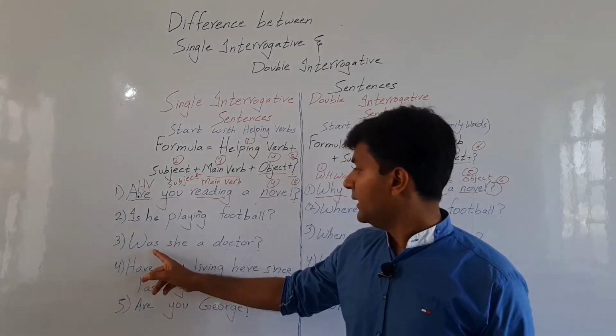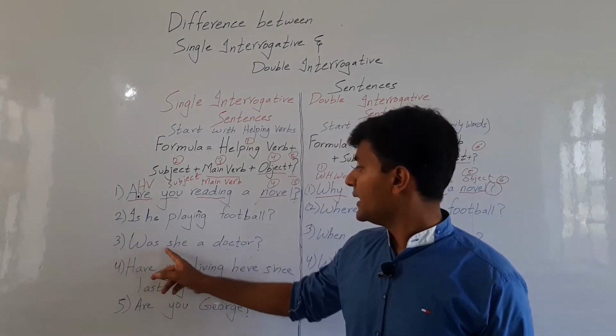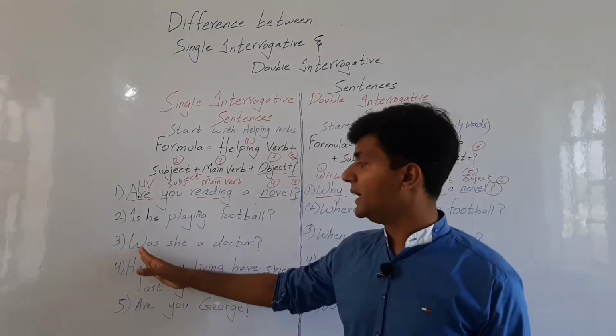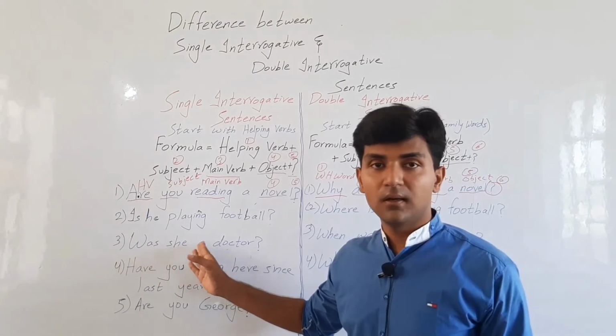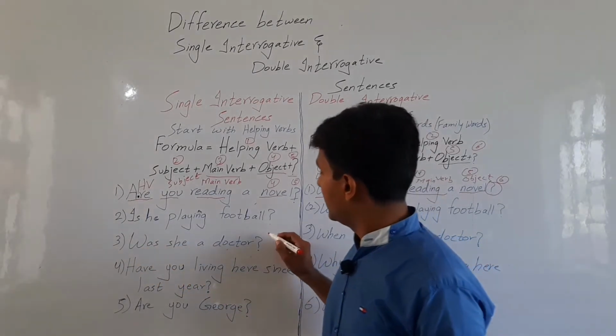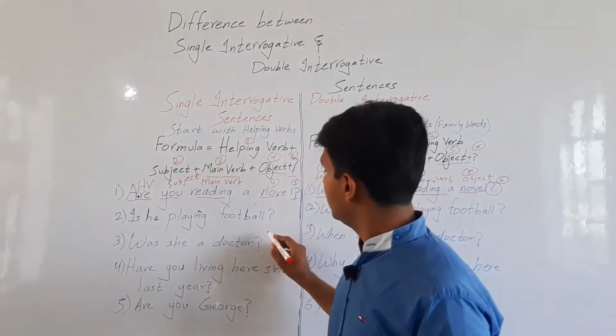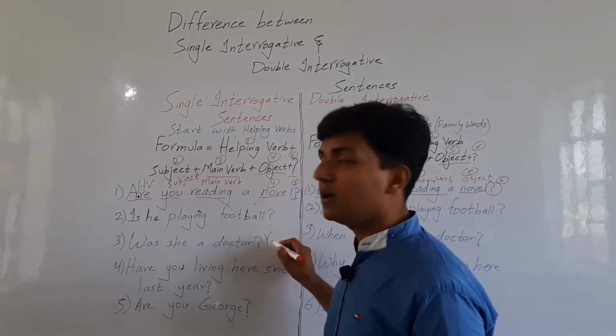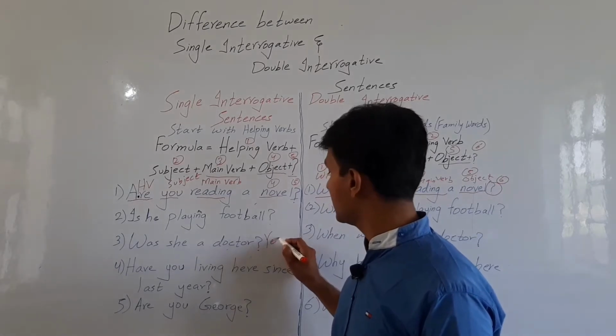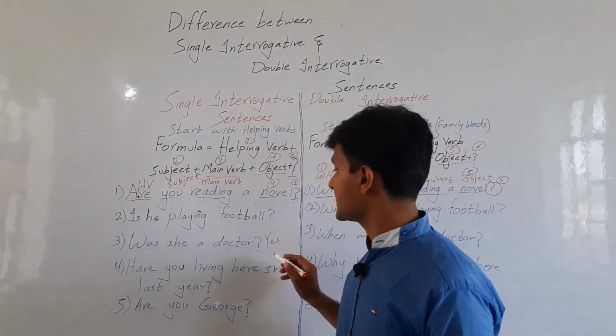So here, was she a doctor? We have another sentence, was she a doctor? So if she was really a doctor, then the person whom I asked will say yes.